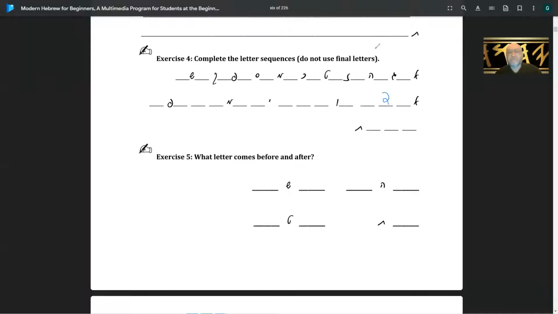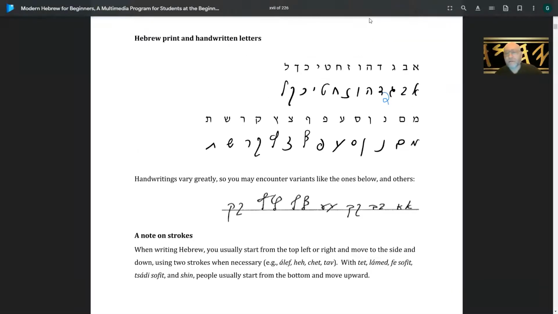But I think I need to get a little bit of practice on that Bet. Okay, so I think we did do the Bet, Aleph Bet. So we need to do it again. If your memory is not sure about it, then you do it again.